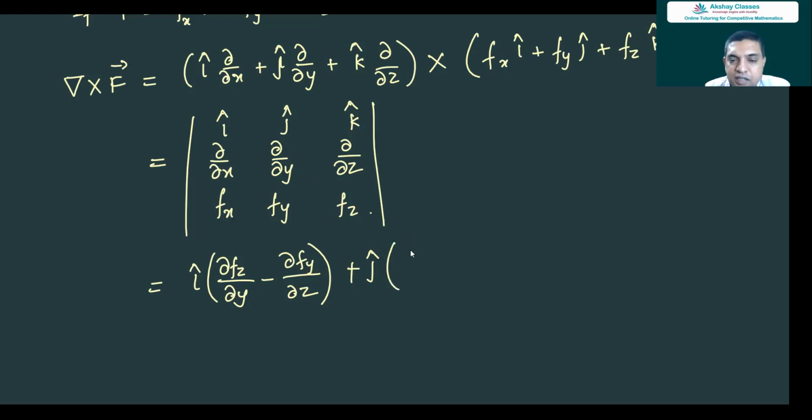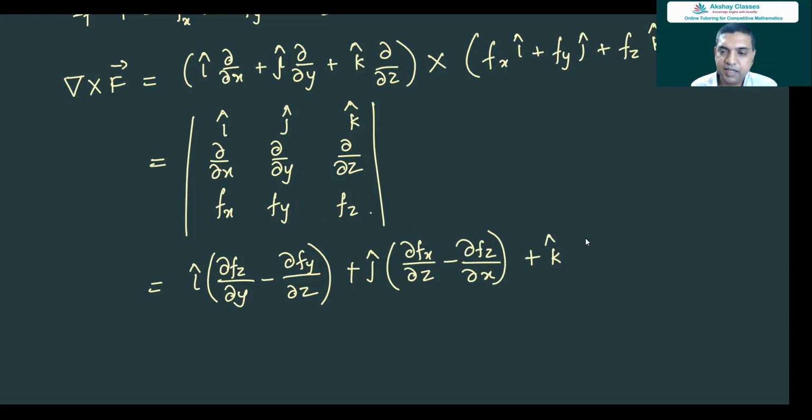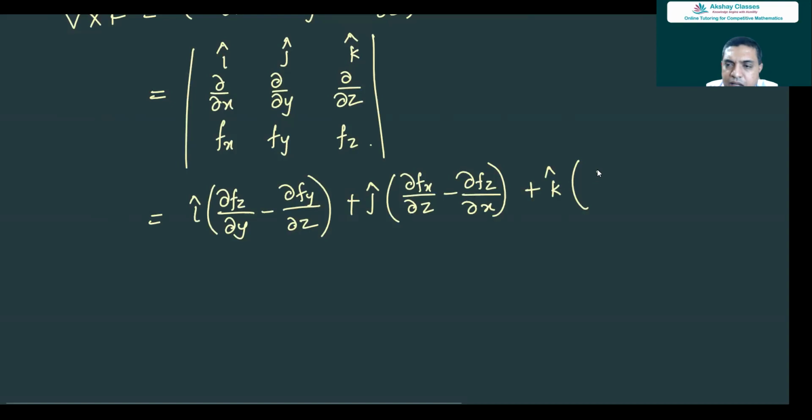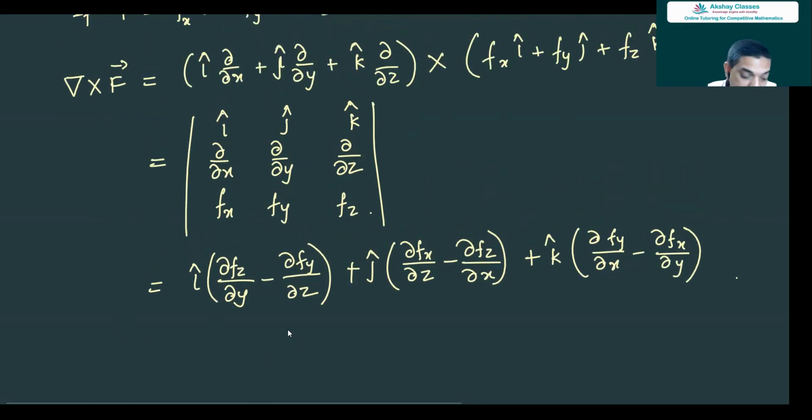So this one is dou Fx by dou Z minus dou Fz by dou X plus K times dou Fy by dou X minus dou Fx by dou Y. This will be the curl of a vector field.